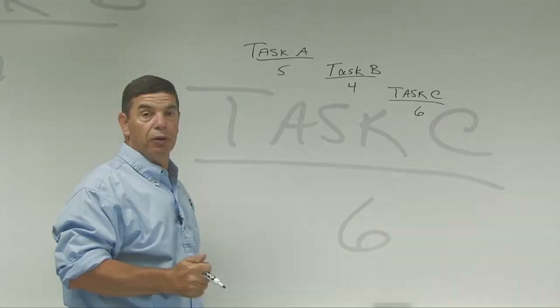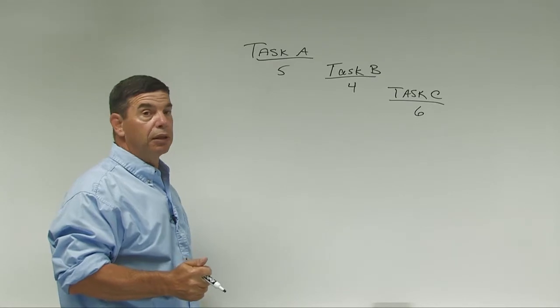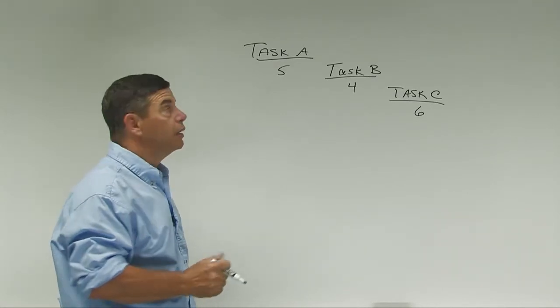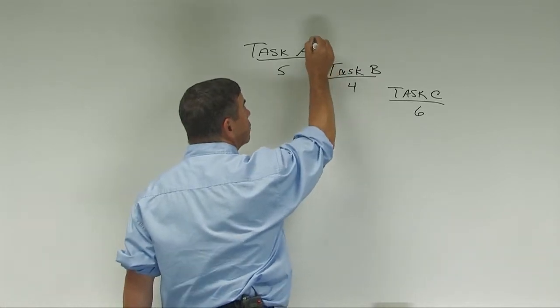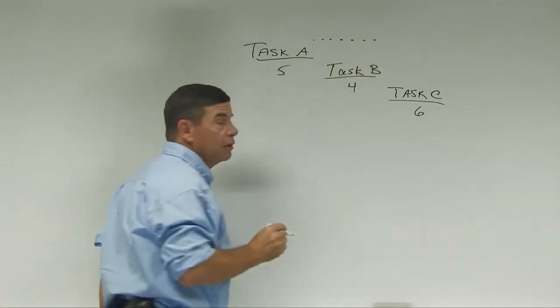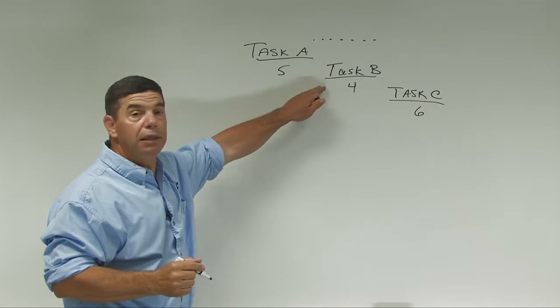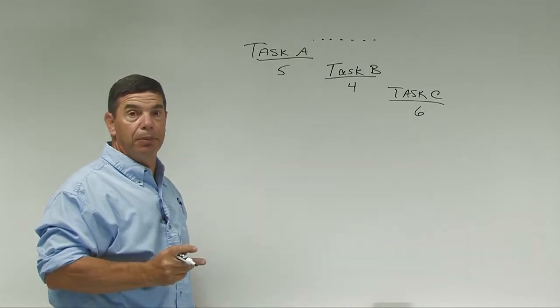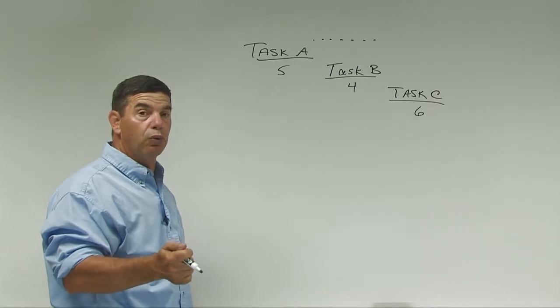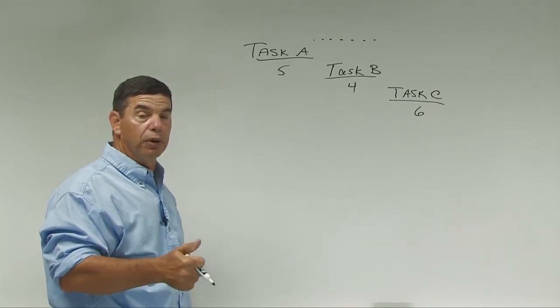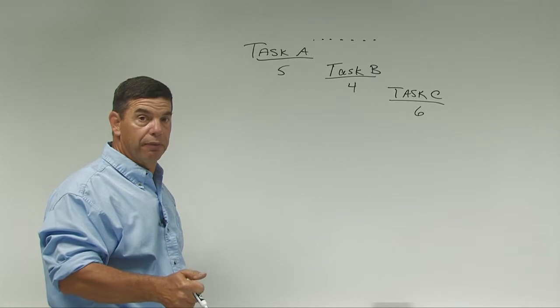In a bar chart or a Gantt chart, the lines are not connected, so that if task A is late and actually gets done here, task B is not affected on my bar chart. Now in the MnDOT world, sometimes only bar charts are required for different projects.